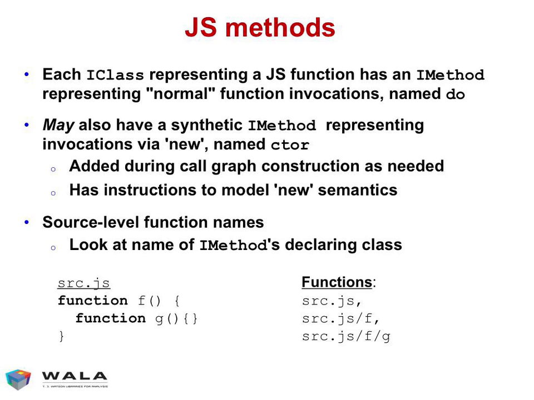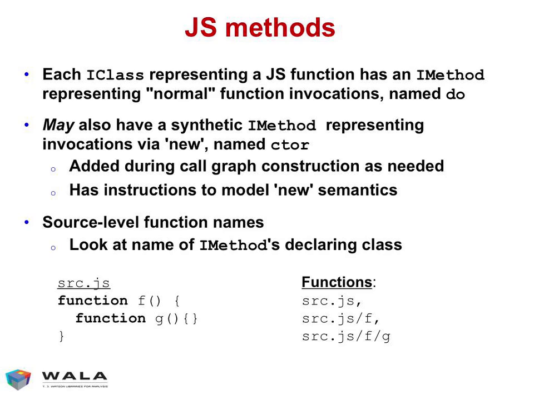So during call graph construction, when we observe these constructor invocations, we actually generate some synthetic code to model those semantics. And we store that code in another IMethod on the same class, which has a name ctor, for constructor, which is different. So this is why you'd have two different IMethods on an IClass that is purportedly representing a function already.